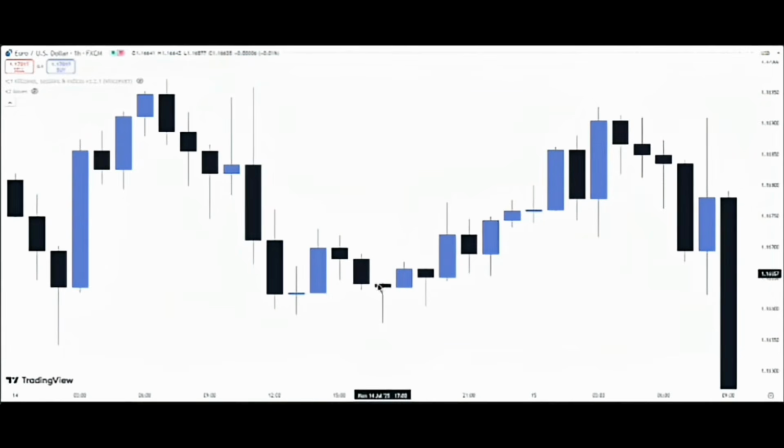Look at this now. This is a hammer. Look, the bears were coming down to this point, and the bulls jumped in to push price. And at the end of the day, even though the bears managed to close bearish, the bulls covered more ground than the bears.